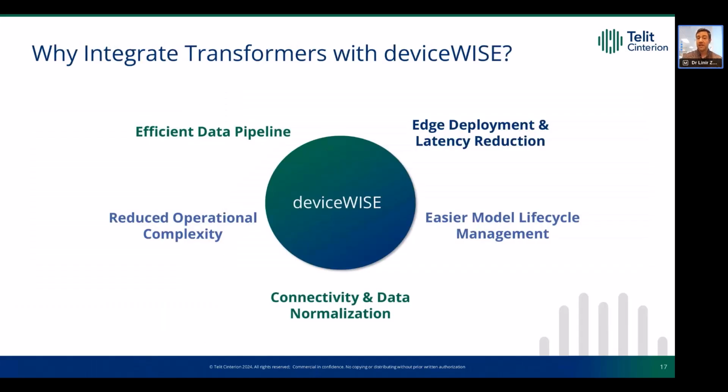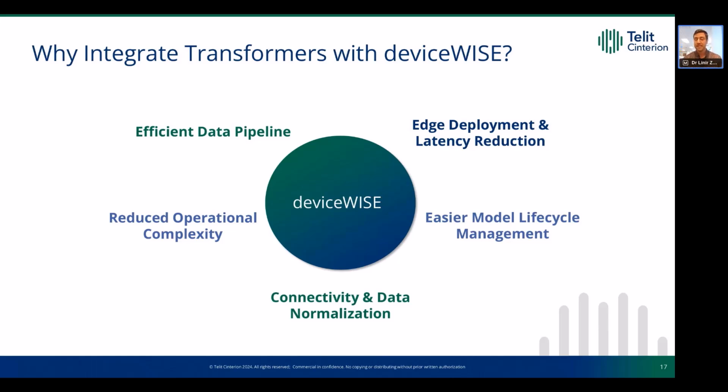Why integrate transformers with deviceWISE? Because deviceWISE is such a comprehensive solution. So first is the efficient data pipeline. deviceWISE talks to so many different parts, and gathering all of them through the pipeline of deviceWISE allows the transformers to have access to all the information.